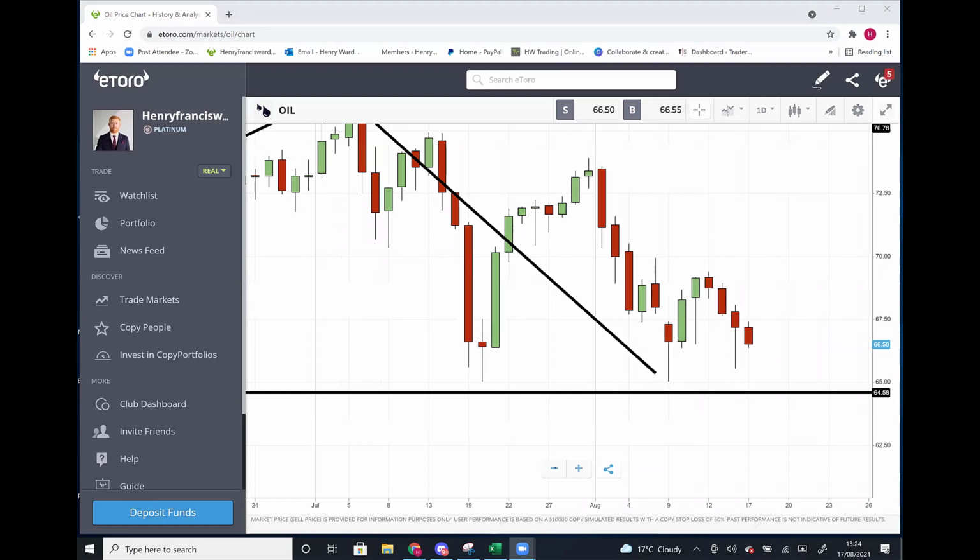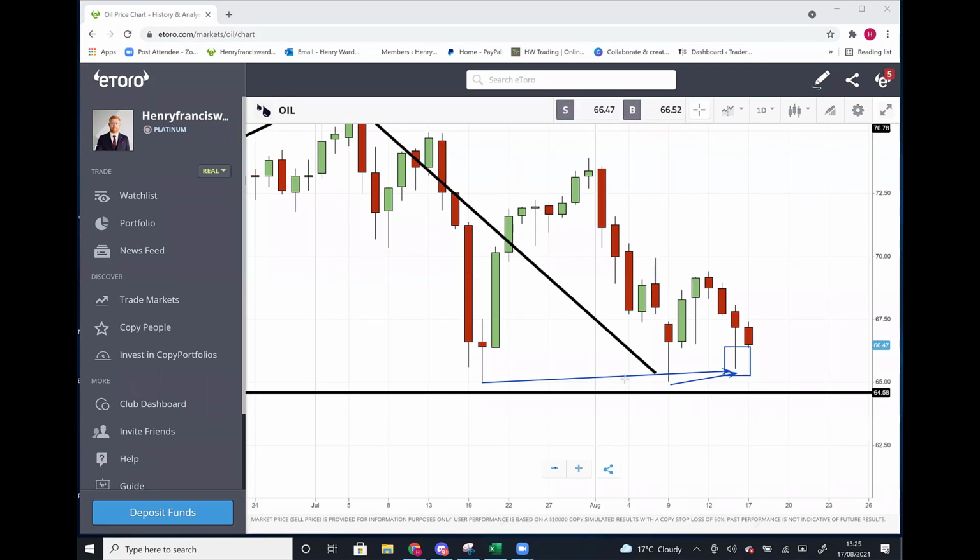It had broken a little bit lower. Now the difference here is that this is completely wrong. Why? Because this low here is higher. This one here is also higher. So that is completely wrong.